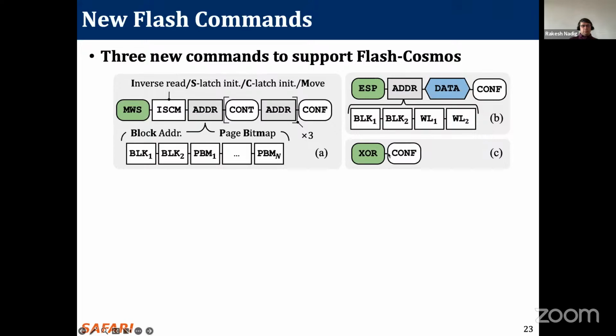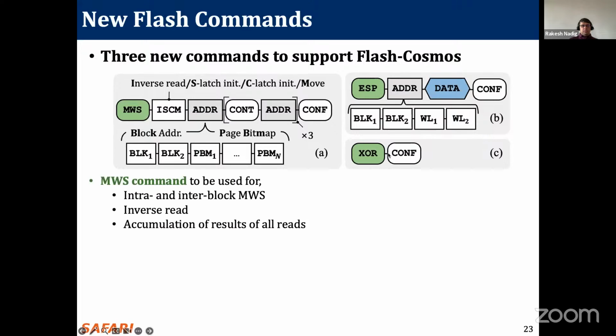So let's look at what the MWS command is used for. As I mentioned, it's used for MWS operations, both intra- and inter-block multi-wordline sensing. Then we also use this for performing the inverse read operation, and also accumulation of results of all the reads. So we'll see an example soon of how these commands are used.